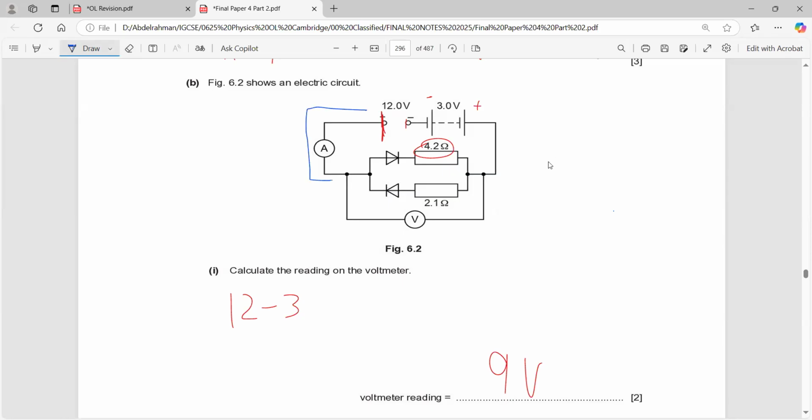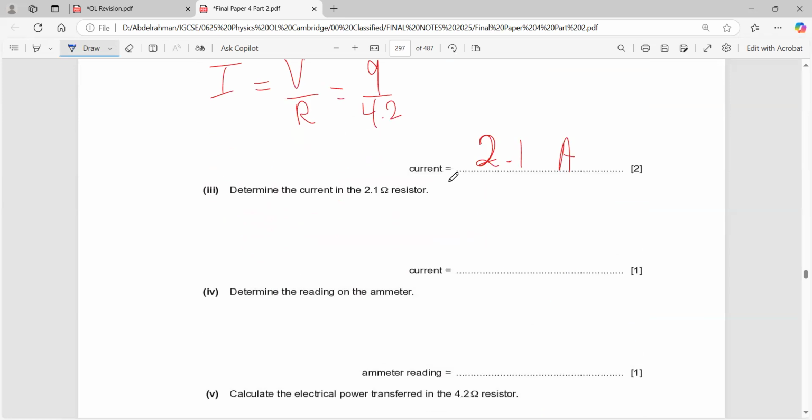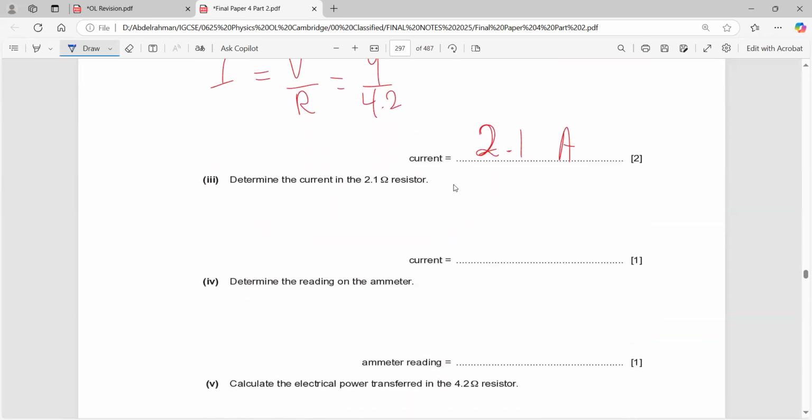So the current has to move in this direction. Through this diode it will pass, but through this diode it will not pass. So the current in this resistor is 0 amperes. No current will pass.